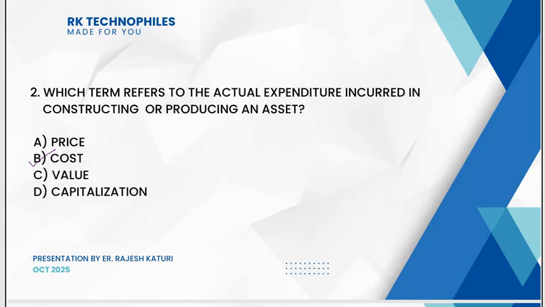So now the answer will be cost. Here we have to make a note of things like actual expenditure incurred in constructing or producing an asset. It is cost.